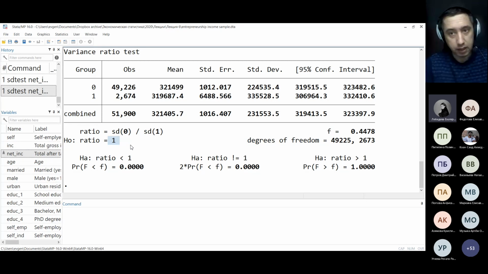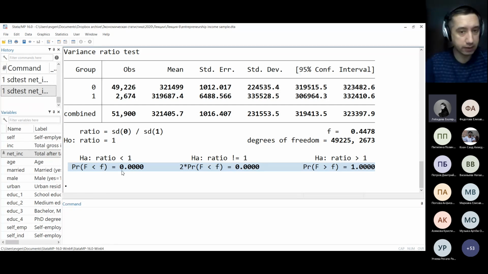Let's start with the simplest case. The simplest way to reach a decision is to look at p-values. If our p-value is smaller than any alpha we use, at maximum 0.1, we can state that we should reject the null hypothesis at a given confidence level.